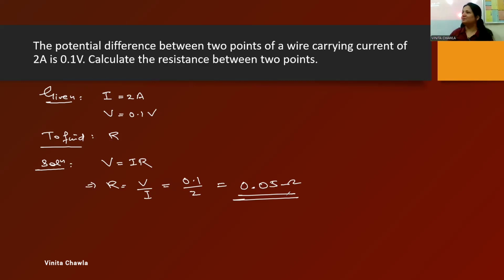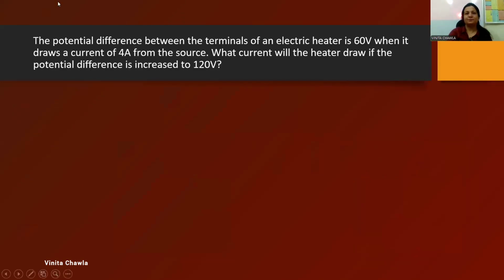Easy now? Next question. The potential difference between the terminals of an electric heater is 60 volts when it draws a current of 4 ampere from the source. What current will the heater draw if the potential difference is increased to 120 volts?